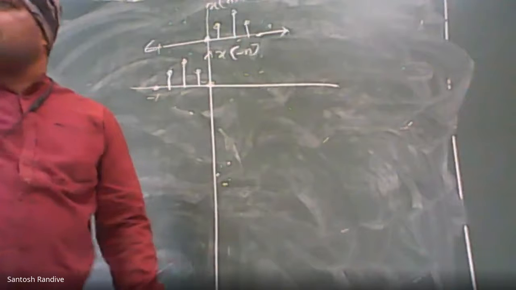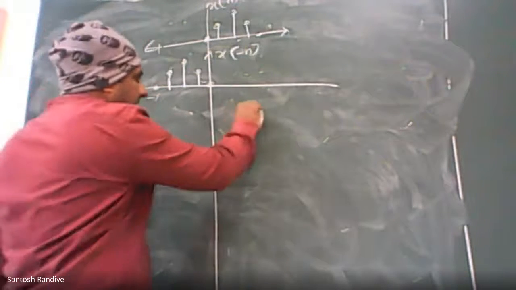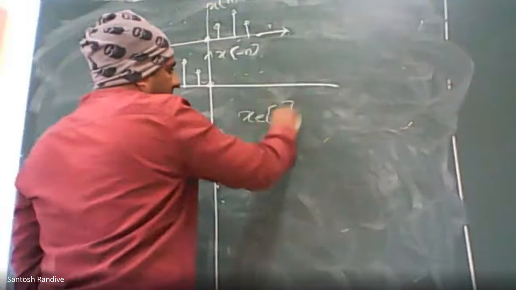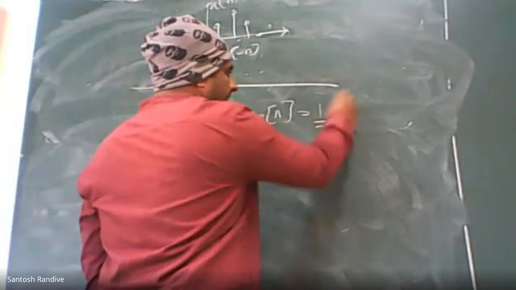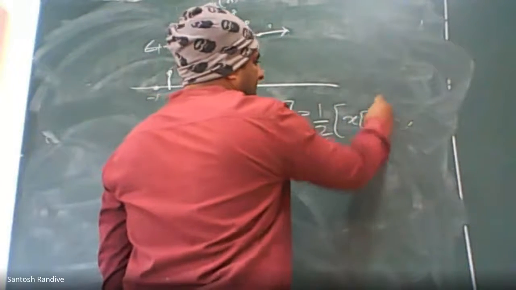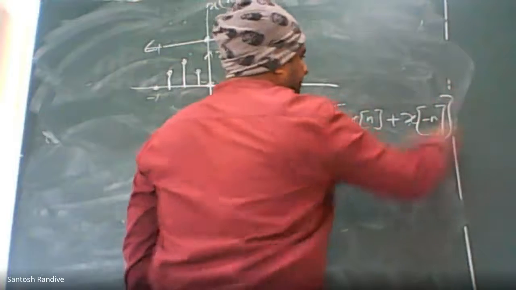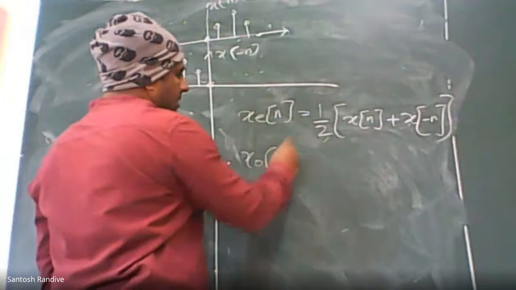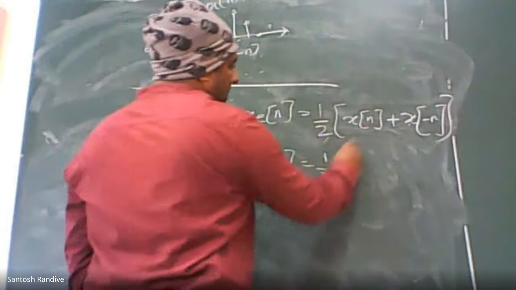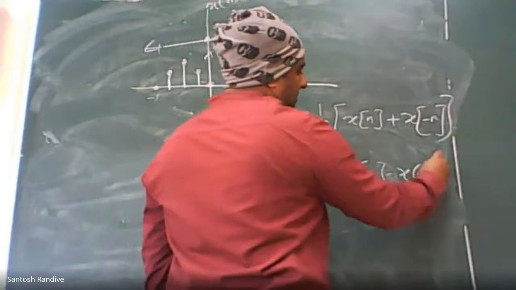That's it. So if I write x e of n, this will be equal to 1/2 x of n plus x of minus n, isn't it? And second, x o of n will be 1/2 again x of n minus x of minus n.